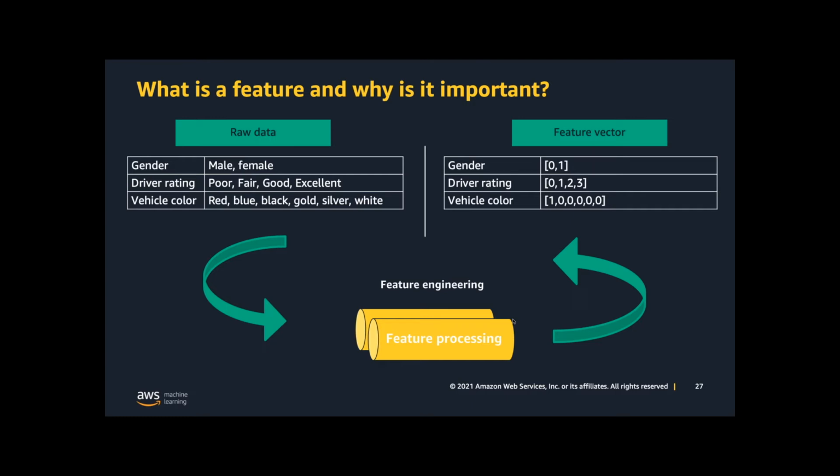For example, let's say a fictitious scenario where we have an insurance claims processing model, and we need to take input entities, like driver profile, driver ratings, vehicle characteristics, which is associated with structured data, and many other different things. We translate that raw data into a feature vector, like you have seen right there. And this is what we call feature engineering, or feature processing. So you guys are familiar with that.